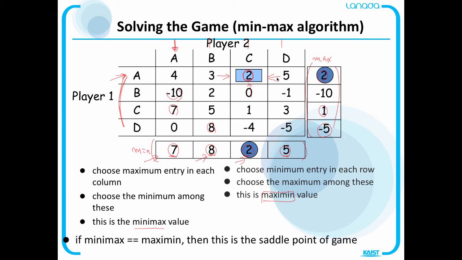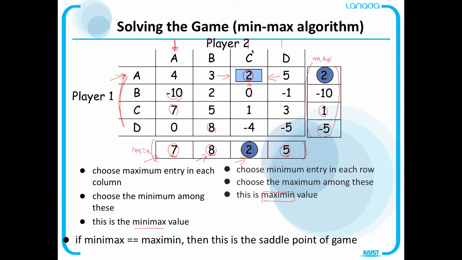But more importantly, this minimax algorithm is coming from our argument of why each player has a belief about how other players will play, and that's why I will choose this. So using that mindset of playing the minimax value and the maximin value, each player will choose a strategy.